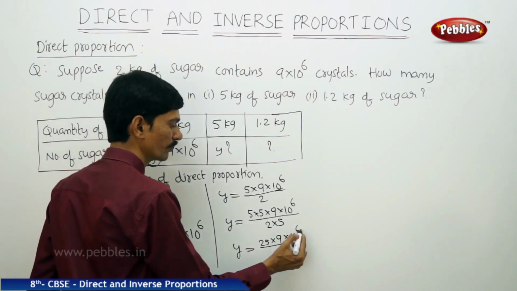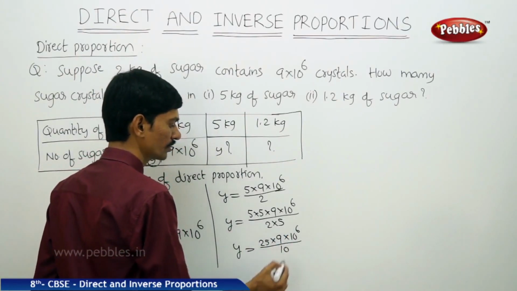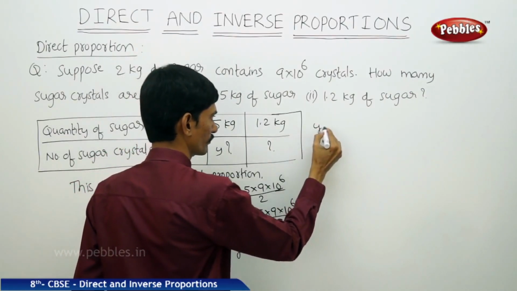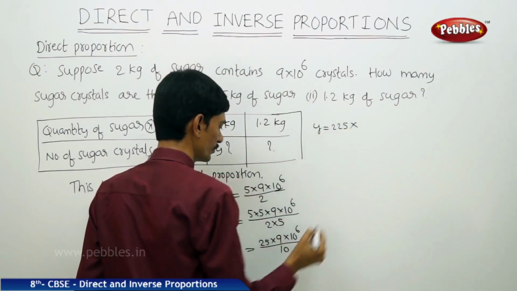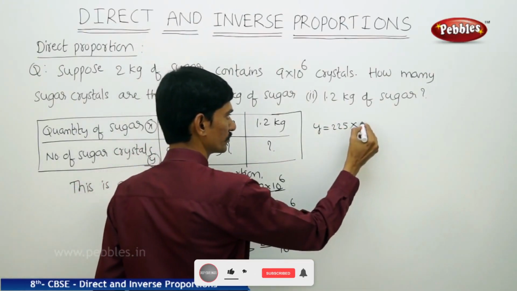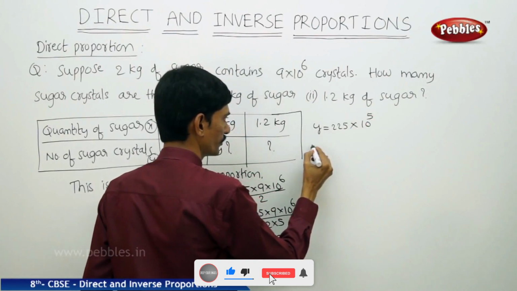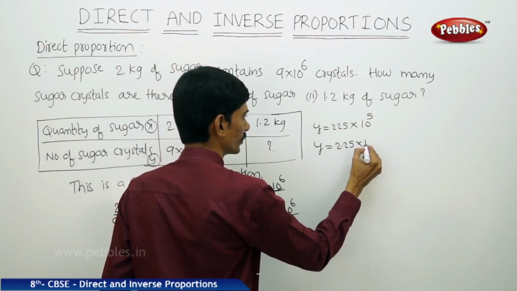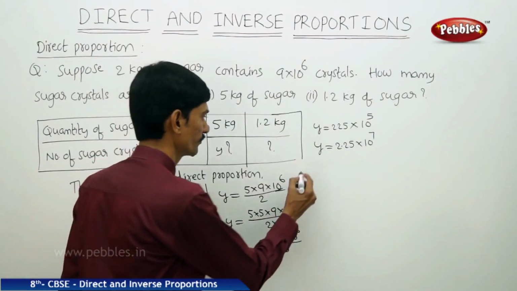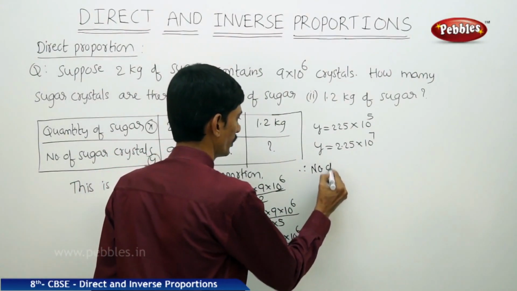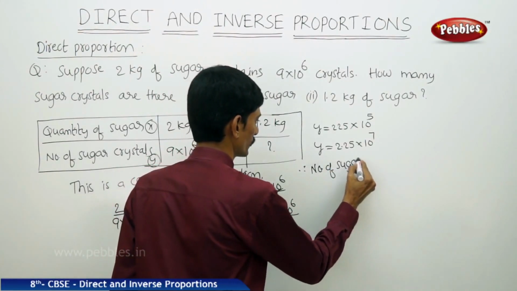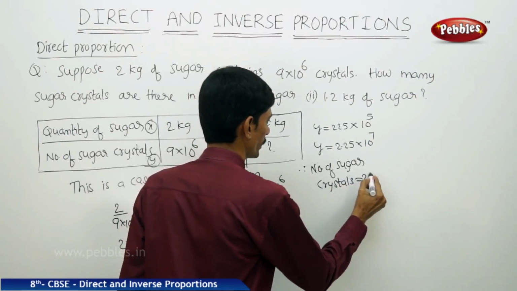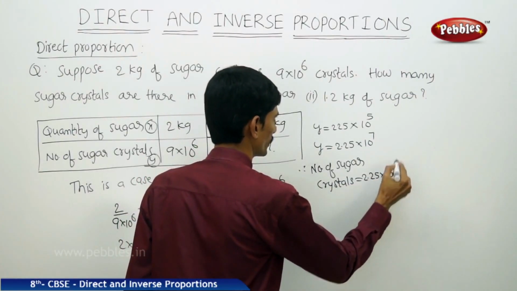So here 10 in 10 power 6, one 10 will be cancelled, then we get now 25 into 9, 225 into 10 to the power of 5. So if you write, then y equals 2.25 into 10 to the power of 7. So therefore number of sugar crystals equals 2.25 into 10 to the power of 7.